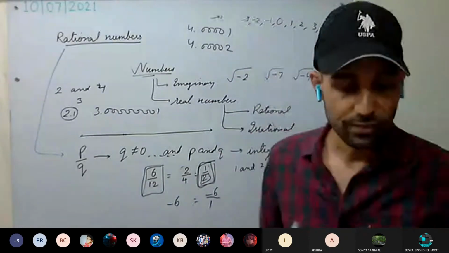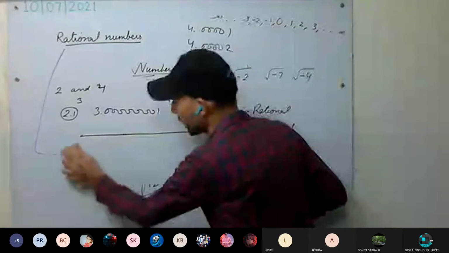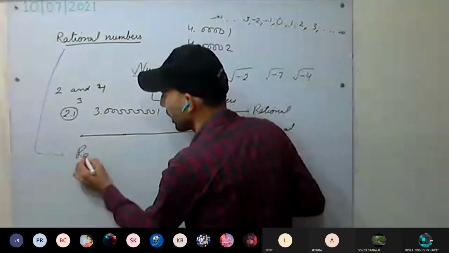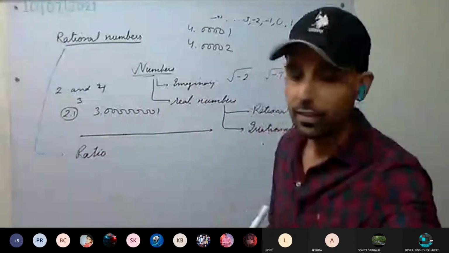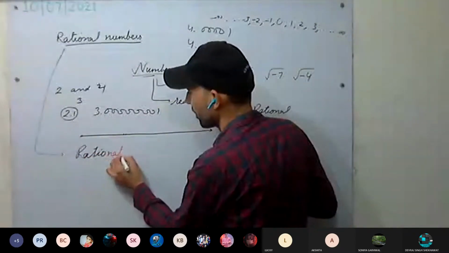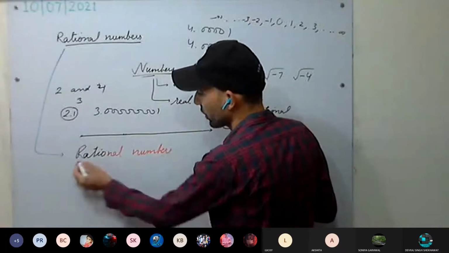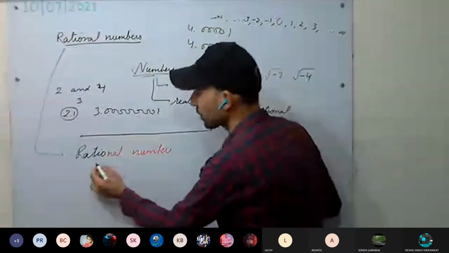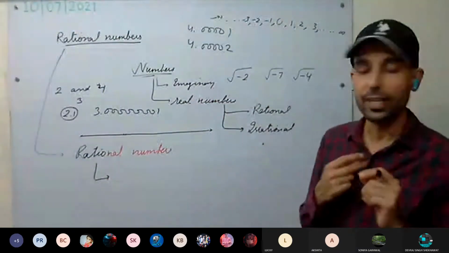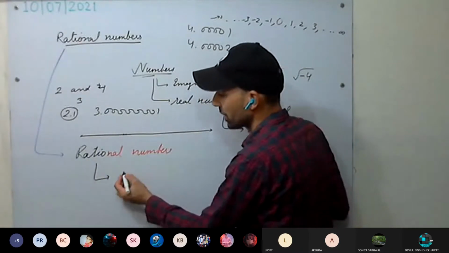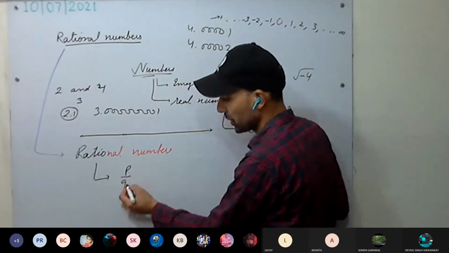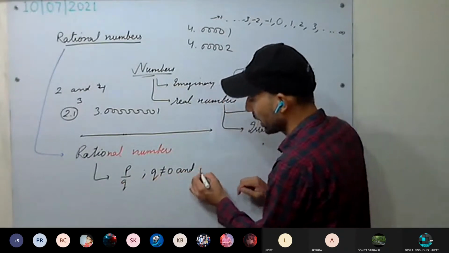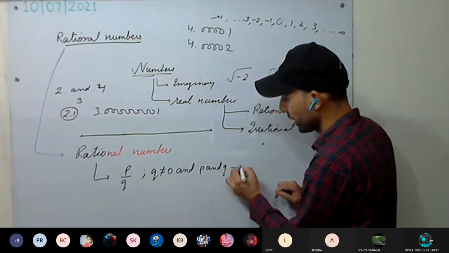And they can be expressed in the form of P by Q. Okay, so see how the definition comes. Something is there in the word itself. What do you see in the word? Ratio. Therefore, rational numbers means the number can be expressed in the form of a ratio, where the conditions are Q not equal to 0, and P and Q both should be integers.